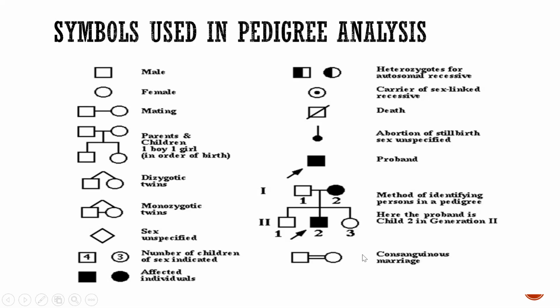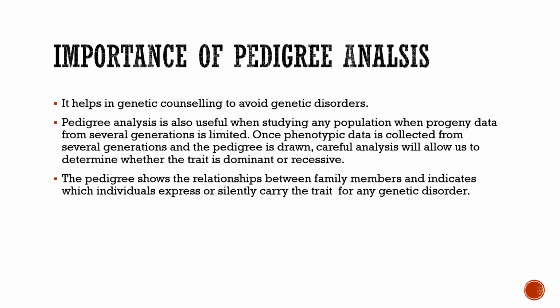So these are the different symbols used in pedigree analysis. Pedigree analysis can be studied in different conditions. Before we go with the first condition, we should know what is the importance of pedigree analysis. Why do we have to study pedigree analysis, and what role does it play in the field of genetics?